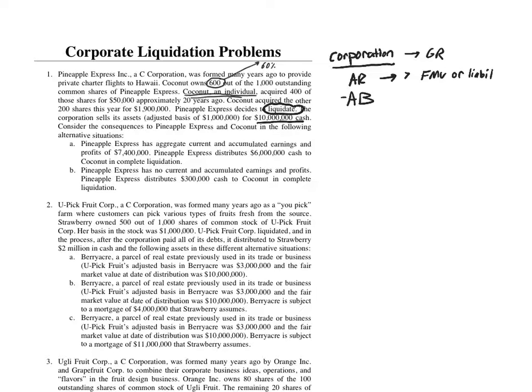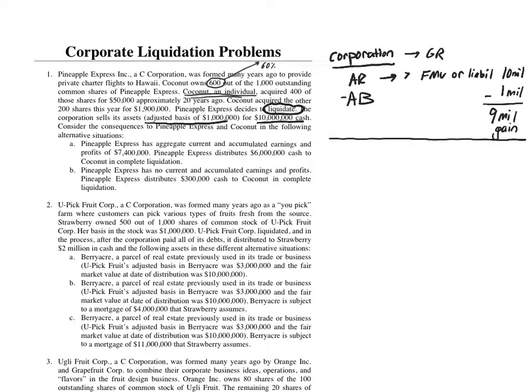So amount realized is the $10 million. The adjusted basis of the assets is $1 million, not the stock. That's for Coconut. That means the corporation has a $9 million gain. The character would be whatever it is, right? If it's 1231 assets, it'd be $9 million of 1231 gain. And again, earnings and profits just goes away.